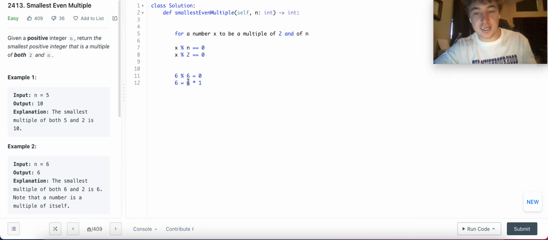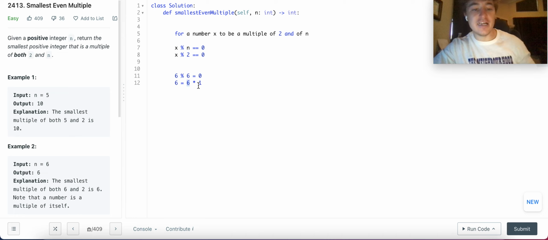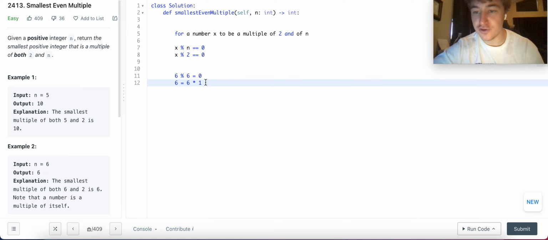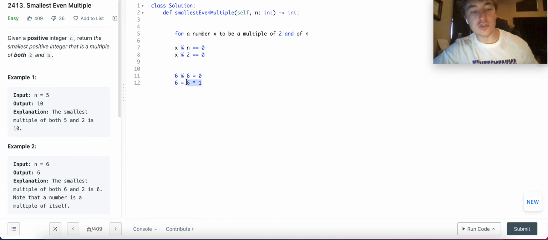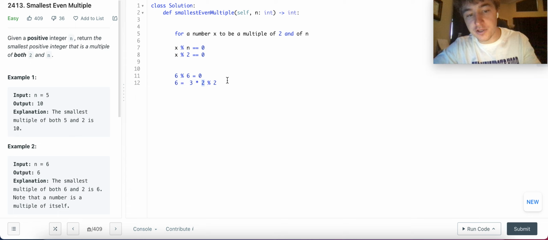So since there's a 6 that I can use to get a product to return 6, that means 6 is a multiple of 6, right? You can remove the 6 that you put into 6, so you can divide it out. So that means 6 mod 6 would be equal to 0. But you can also represent 6 as 3 times 2. So since 6 equals 3 times 2, it's a multiple of 2 because you can remove this 2 and you'll get 0, right?